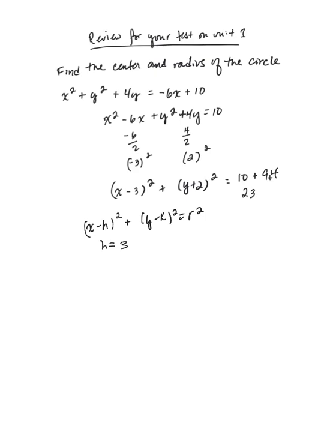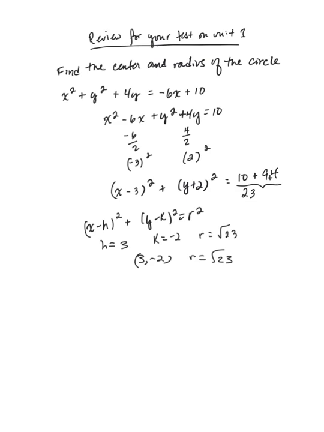When you're adding 2, you're subtracting -2 from y, right? So that means that k is -2. And then r is the square root of 23. So the center is 3, -2, and the radius is the square root of 23. Okay, so that's a typical question.